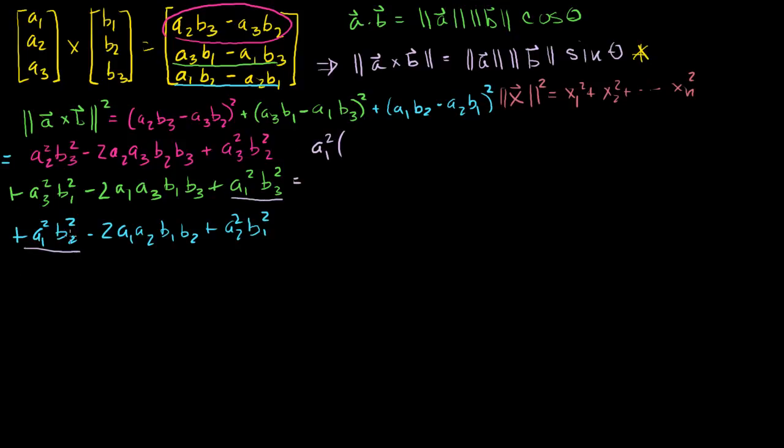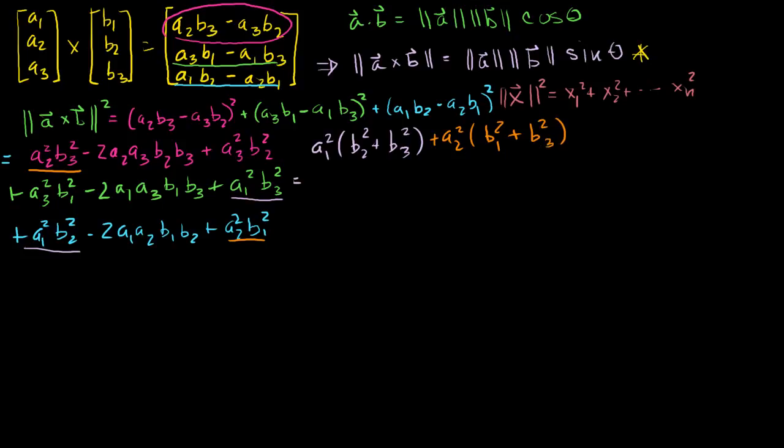So a1 squared times b2 squared plus b3 squared. Now where are my a2 squared terms? Plus a2 squared times, I have that one and that one, so b1 squared plus b3 squared.